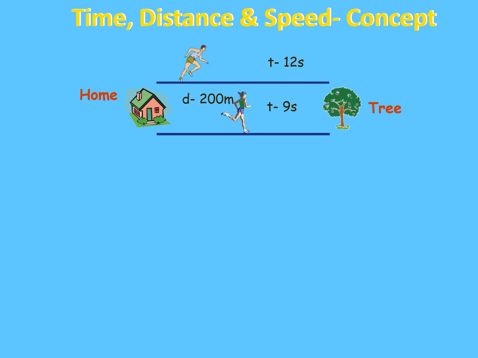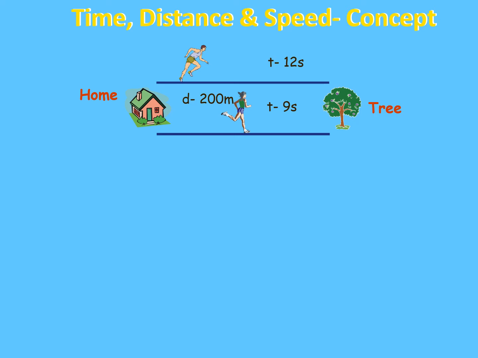Next, we have the time, distance, and speed concept. I want you to look at the picture. We have a distance of 200 meters from home to the tree. This boy and girl run at the same time going to the tree, covering the same distance.